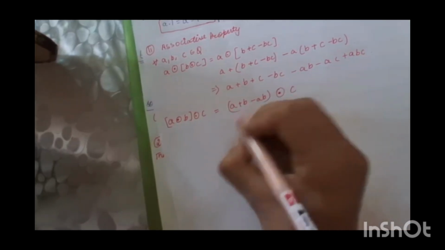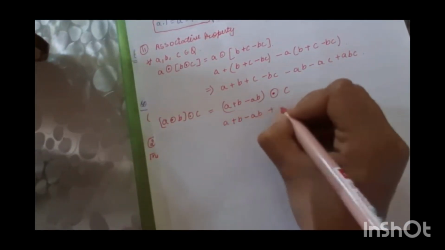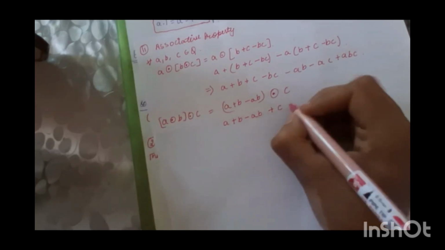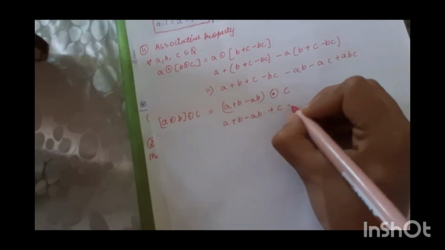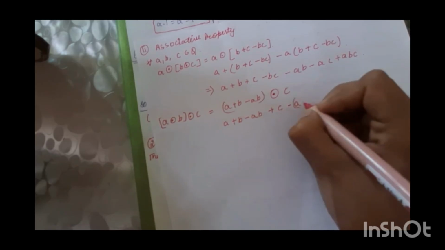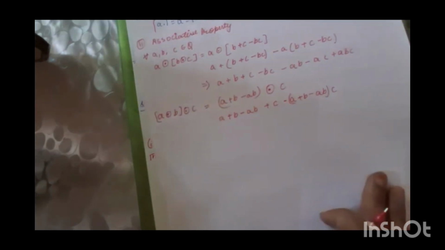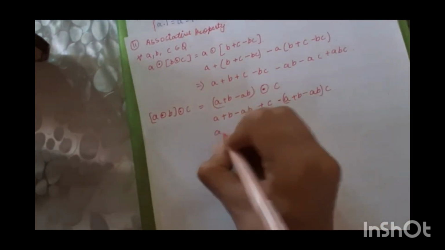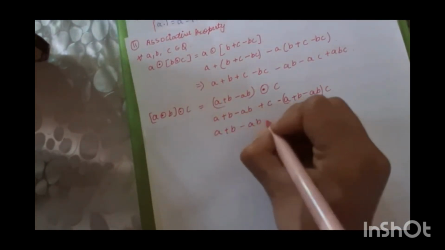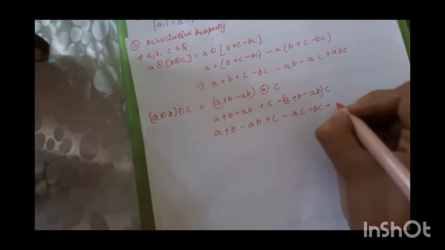Now operating with C will give A plus B minus AB plus C minus A plus B minus AB times C. So A plus B minus AB plus C minus AC minus BC plus ABC.